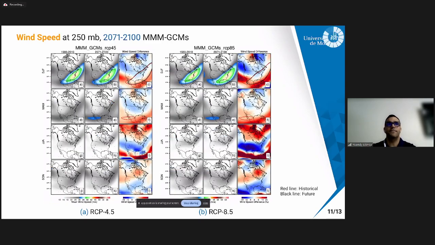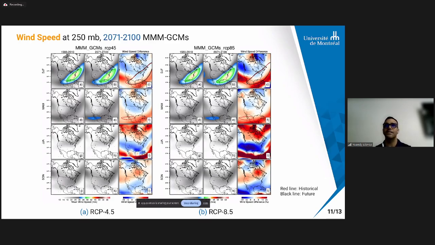For wind speed, because the global climate models have less resolution, the fields of the wind speed are smoother compared with the regional climate models.